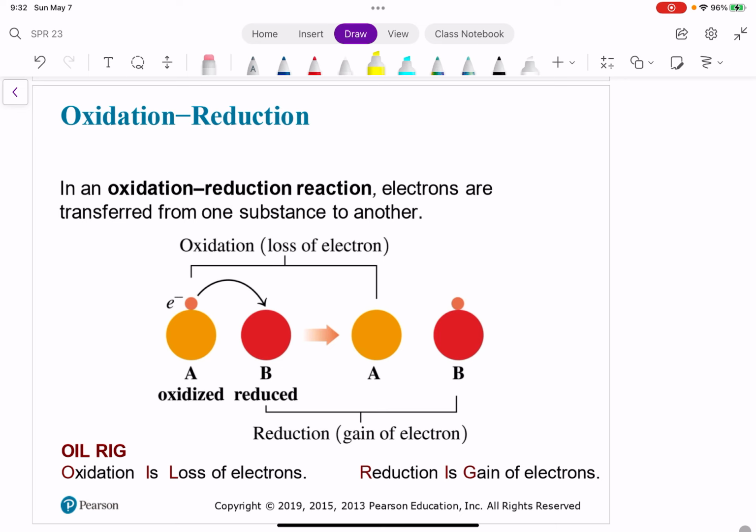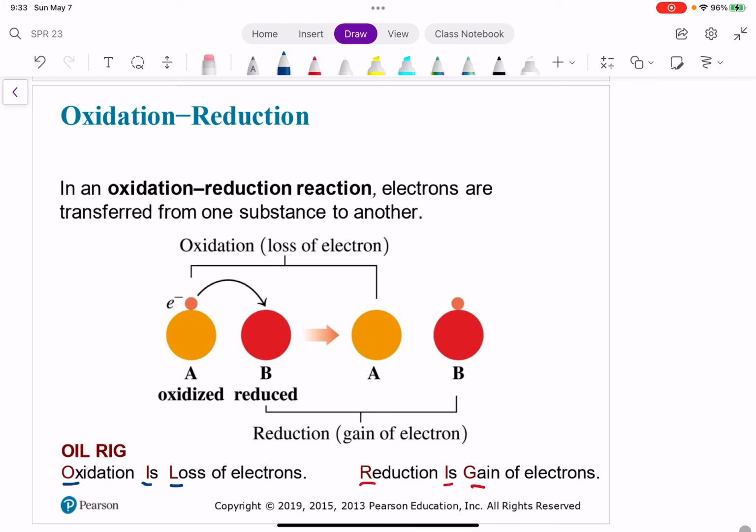There's a way to memorize a little bit easier which one's oxidation and which one's reduction. There's a mnemonic that you can use, and that's called OIL RIG. Oxidation is loss, that's the OIL part of OIL RIG, and reduction is gain, that's the RIG part. So oxidation is loss and reduction is gain.